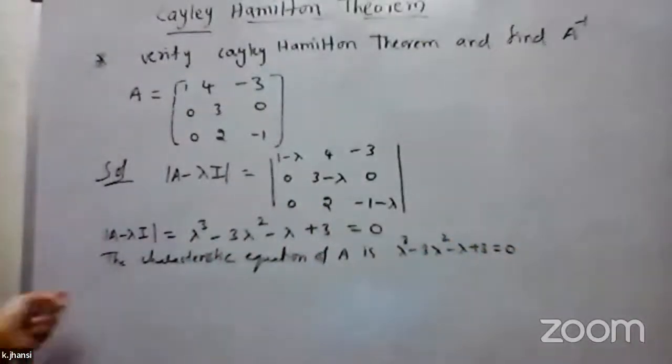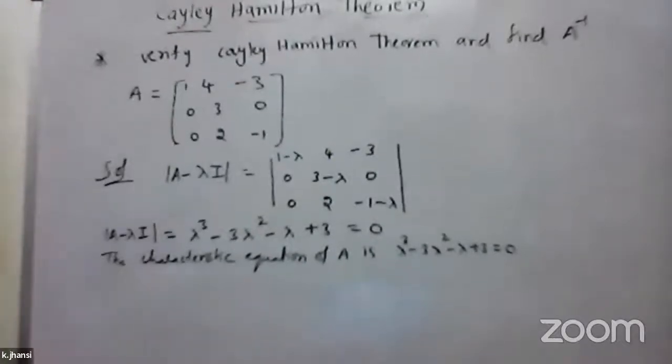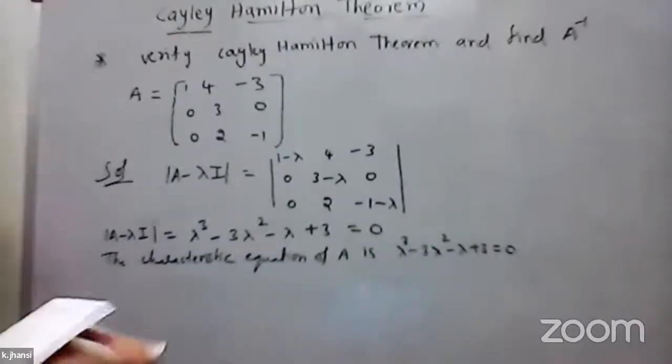Okay, so now in place of lambda you substitute A value. So then you will get the matrices.